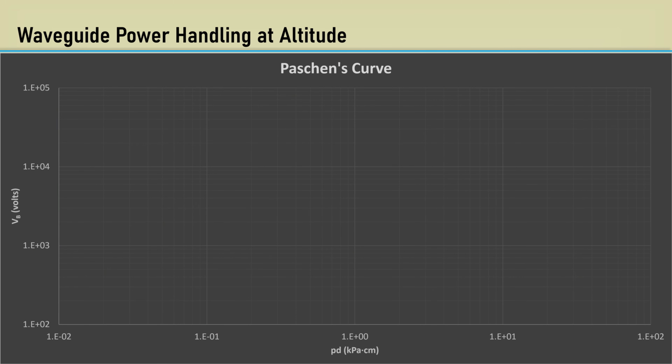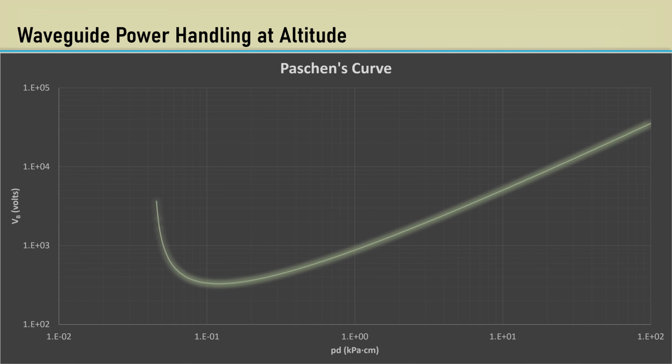When operating at higher altitudes than sea level, the atmospheric pressure decreases, so does the voltage breakdown. This is Paschen's curve. It represents the voltage breakdown versus pressure. The pressure at sea level is about 103 kilopascals. The breakdown voltage in air is around 30 kilovolts per centimeter.